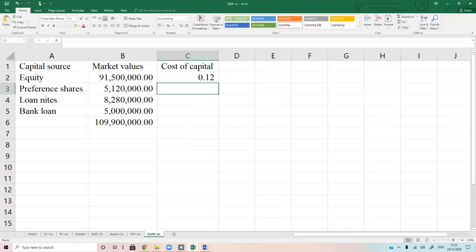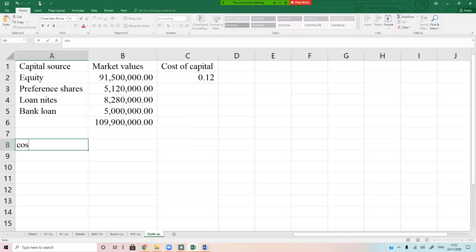Next, you get the cost of preference share. The preference share of this company has a nominal value, so we get the preferred dividend first.